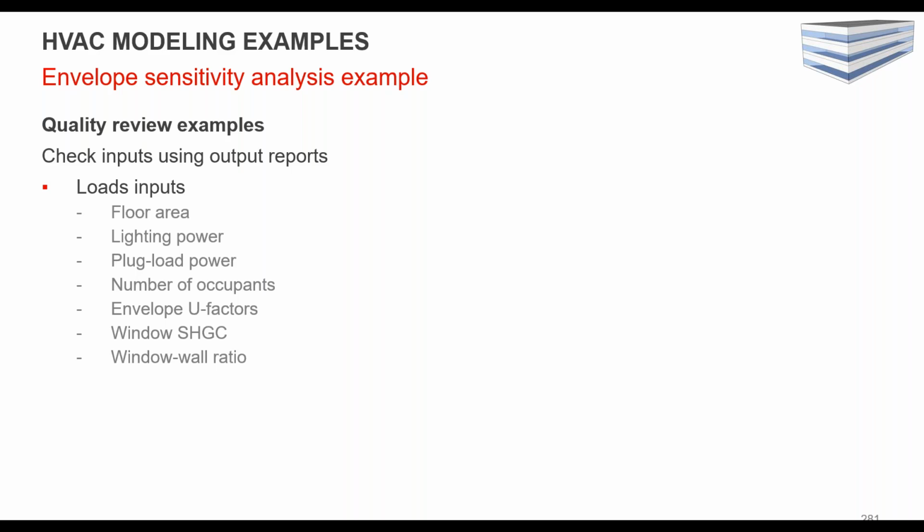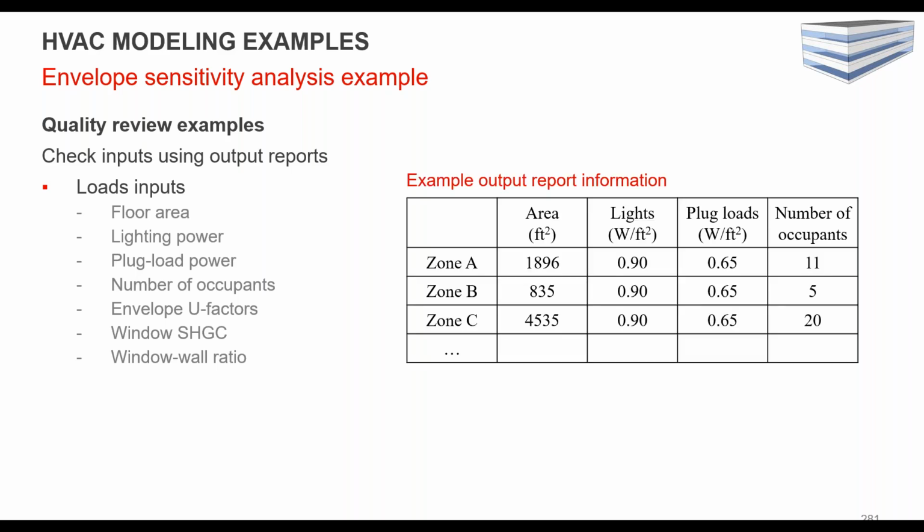Lighting power, plug power, again, for just kind of high level, make sure that they're in range of what you would expect. People, general U factors for envelope, and again, in this case, you're varying the envelope, so those are going to be fairly critical that you're going to look at. Solar heat gain and window to wall ratio. So again, this might be a standard output from your software, like a zone level summary input that'll tell you these kinds of things.